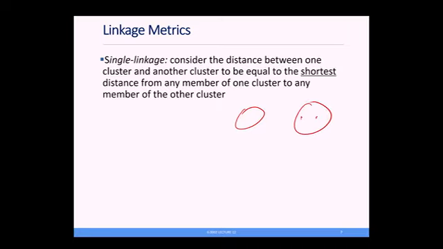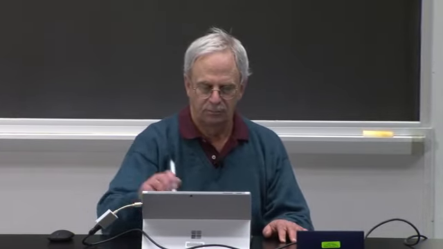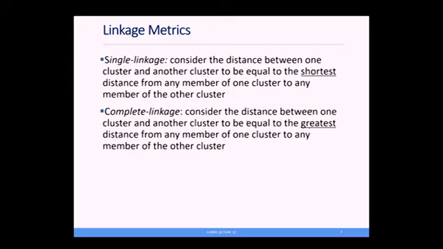So if I have two clusters here, and they have bunches of points in them, single linkage distance would say, well, let's use these 2 points, which are the closest, and the distance between these two is the distance between the clusters. You can also use complete linkage. And that says the distance between any two clusters is equal to the greatest distance from any member to any other member.